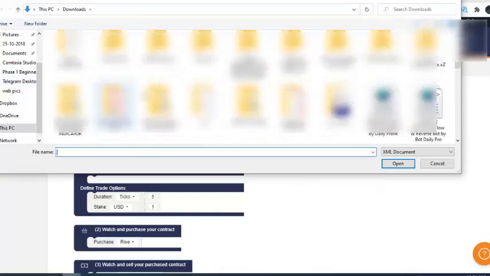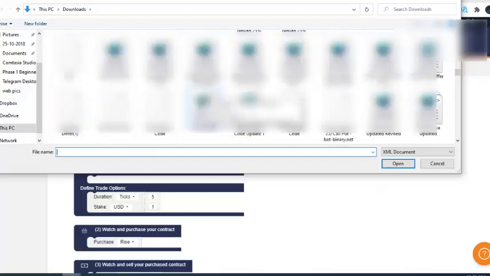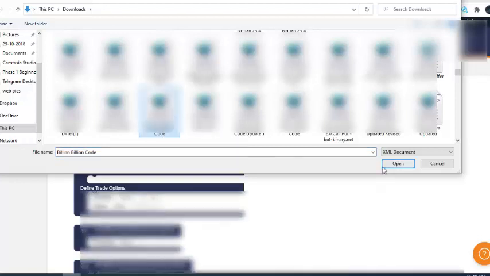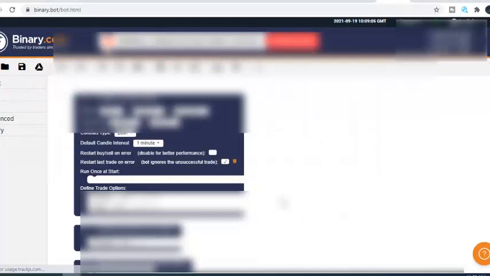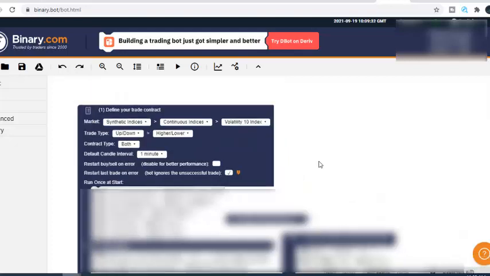I have close to 1,000 trading robots here. It's called the $1 billion code. It's a unique trading robot. Alright guys, it has been deployed.